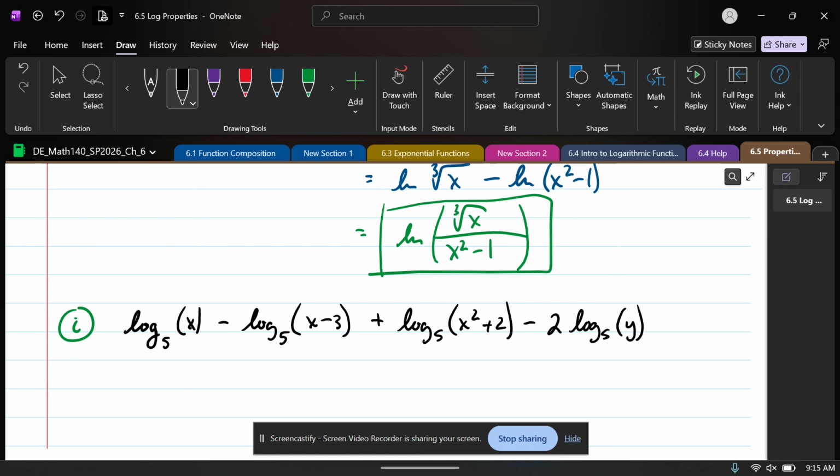Okay, so that y is going to have the y squared on it. That's good. So I'm just going to note that, that's what I have to remember to do. Now what?